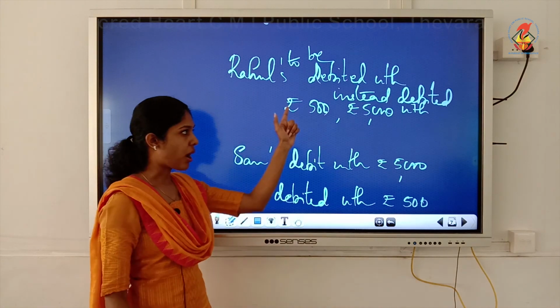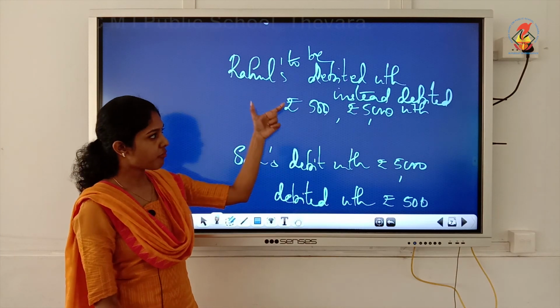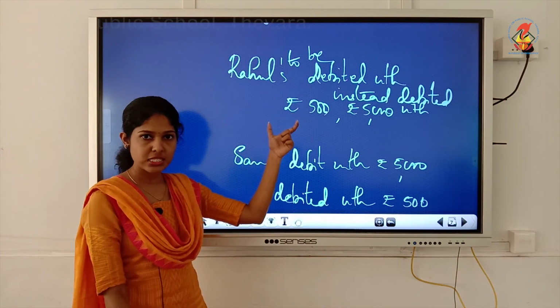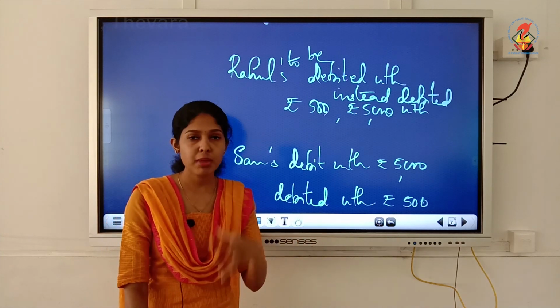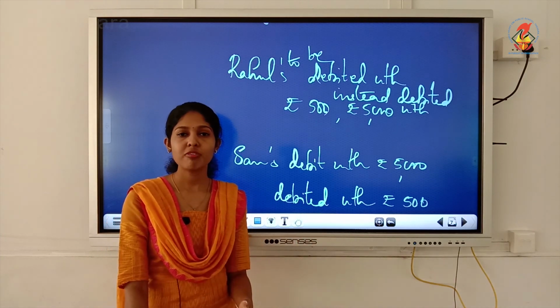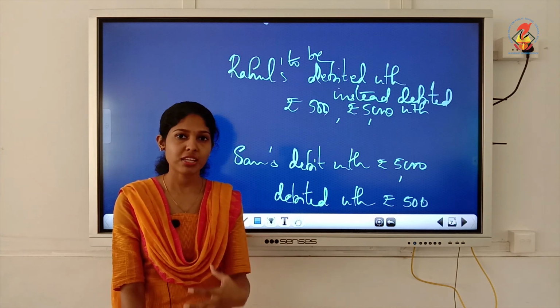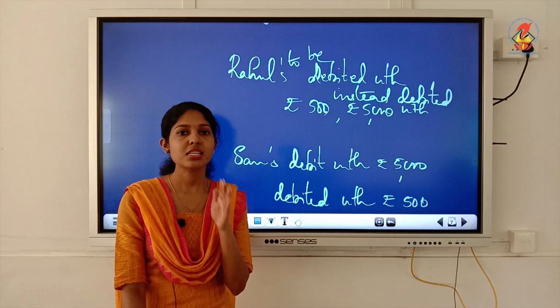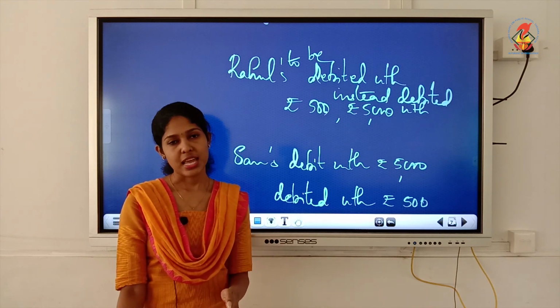We have a mistake in both these transactions, but the effect of one error is getting cancelled by the effect of another error of the same amount. And these types of errors are called compensating errors, which will not affect the trial balance, meaning the trial balance will agree or tally.